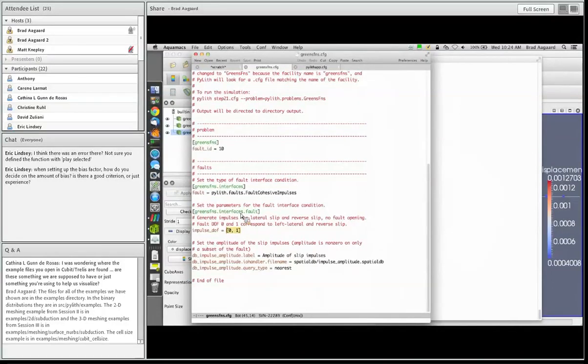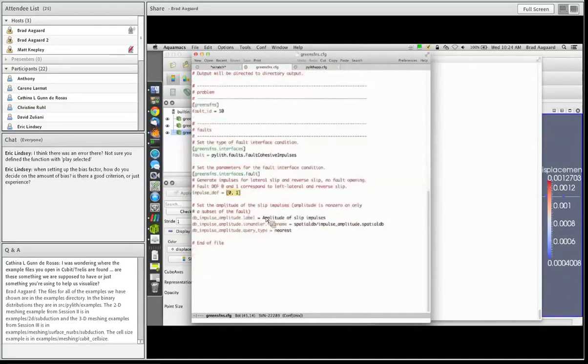What we've done is set the center of the fault to have an amplitude of -1, so that's turning our left lateral slip into right lateral slip impulses. Around the perimeter of that, we're going to set the amplitude to 0. So around the edges of our fault, we'll have 0 amplitude slip. But within the interior, we're going to be computing slip impulses with an amplitude of 1.